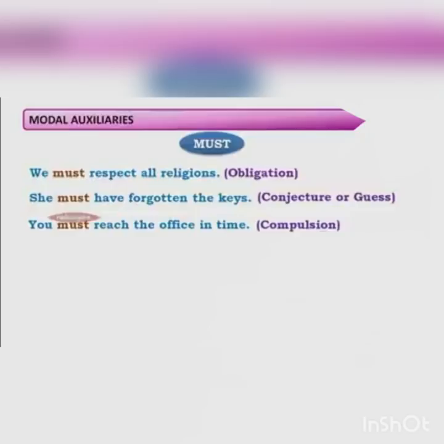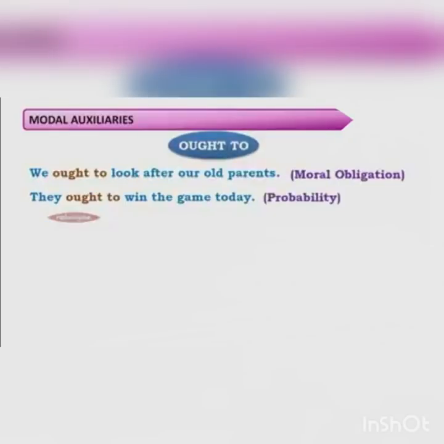Now next we'll go to ought to. We ought to look after our old parents. Something we should do, we must do. But it is not obligation, it is not a compulsion, it means it is our duty. They ought to win the game today. Now here, it is not a moral obligation, it is based on certain things that have happened in certain situations.